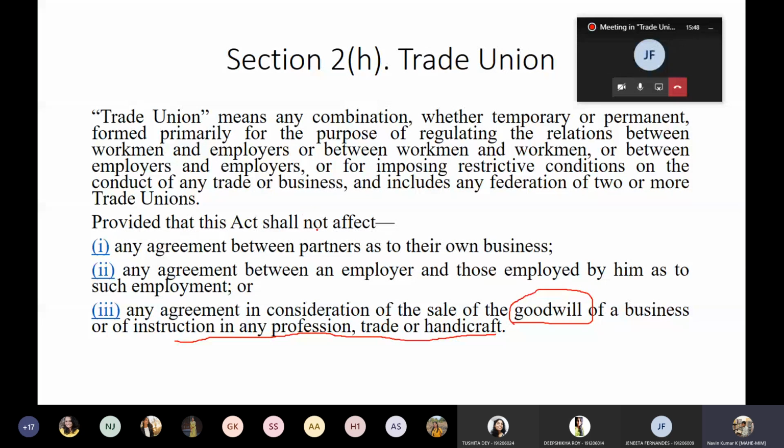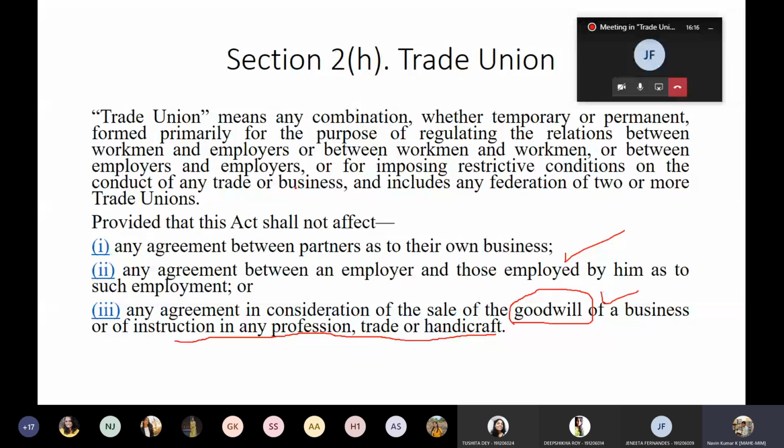The Trade Union Act should not affect these matters, because if there is an agreement between partners, or between workmen and the employer, or in relation to the sale of goodwill of the business, or with respect to the instructions of a business or a trade, this particular act should not affect these things.